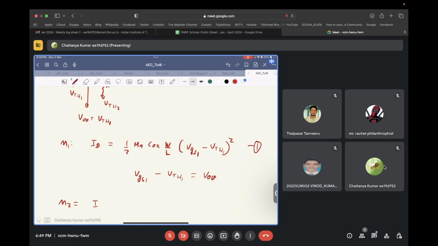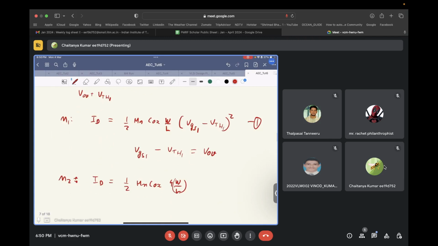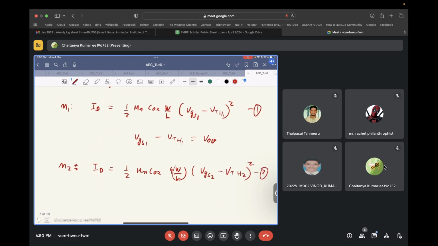So this is equation 1. For transistor M2, what you have is half mu n Cox 4W by L times VGS2 minus VTH2 whole squared. This is equation 2. Okay, and let's call VGS2 minus VTH2 as V overdrive 2.